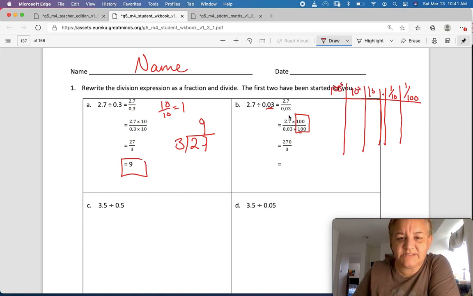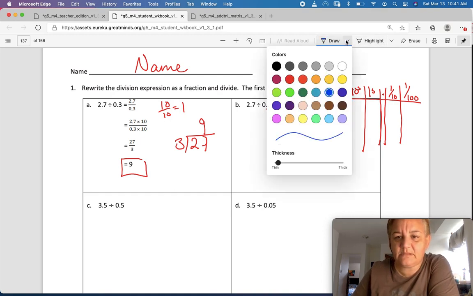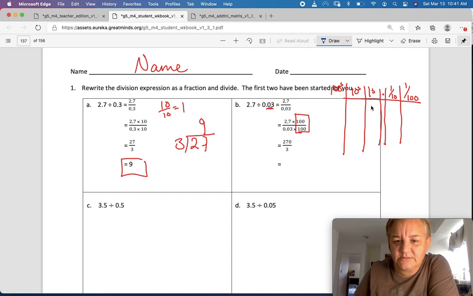So we're starting with, I'll change colors so you can see it a little bit easier, 2 and 7/10. And then we're going to multiply by 100, which means we're going to move over 2 spaces. So multiply by 100 moves it 2 spaces. Remember, 2 zeros, 2 spaces. And that's going to go there.